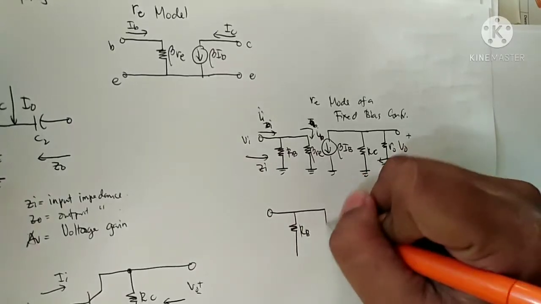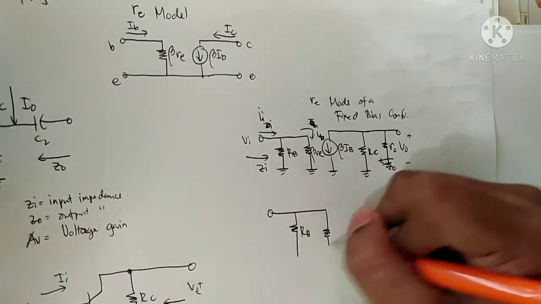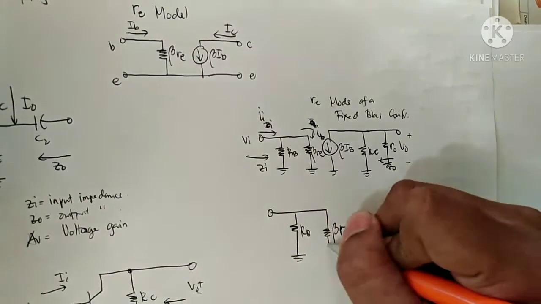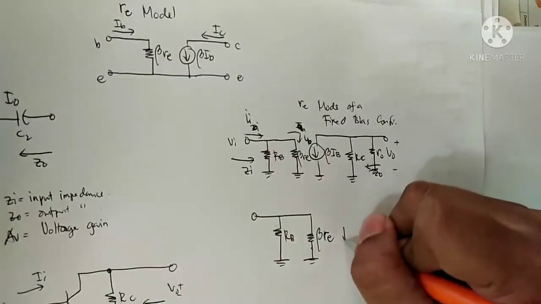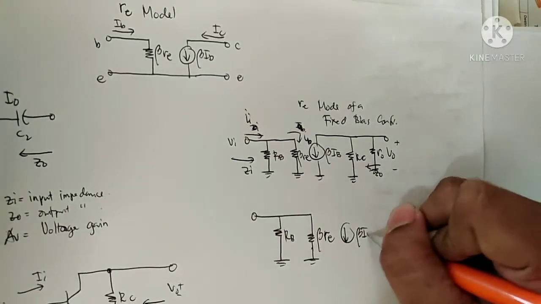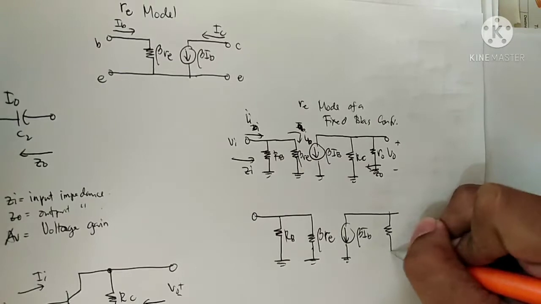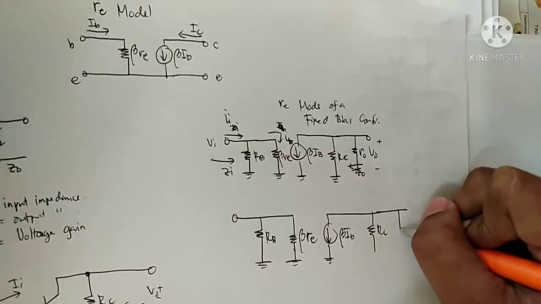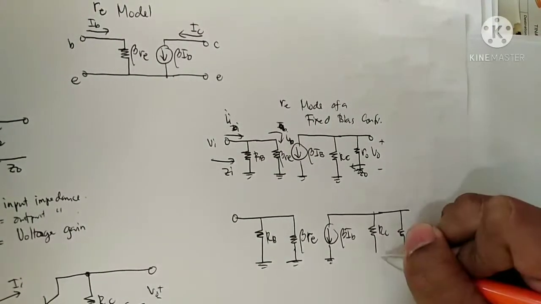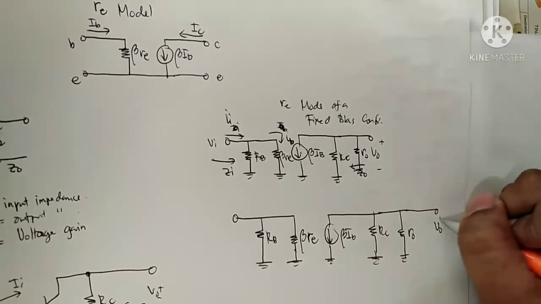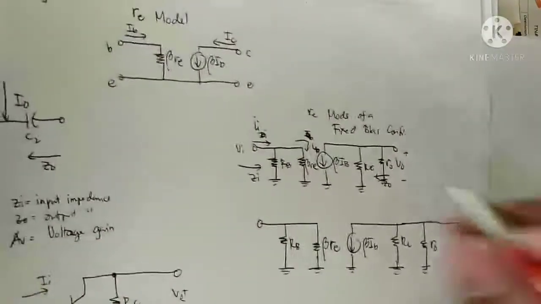RB, we have beta re, we have beta Ib, RC, and ro.